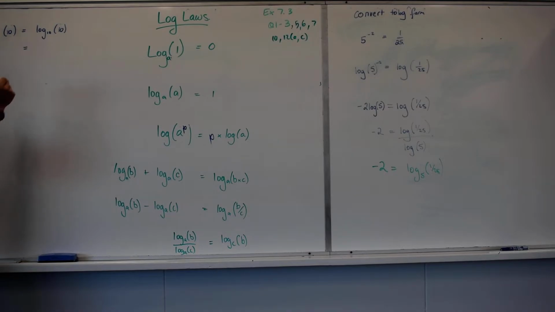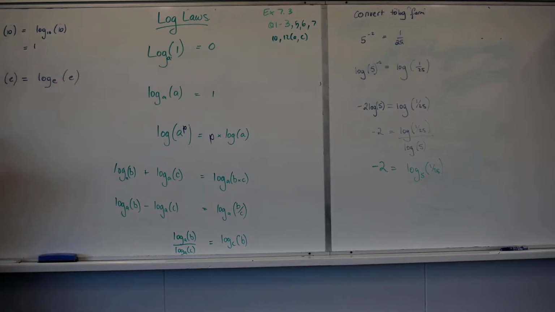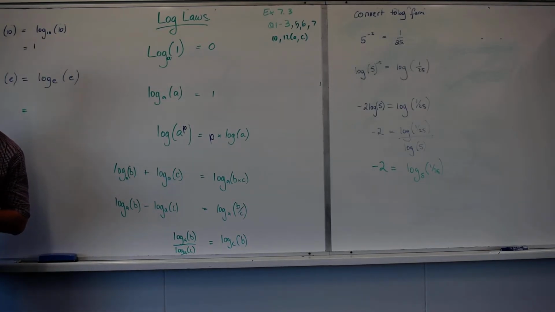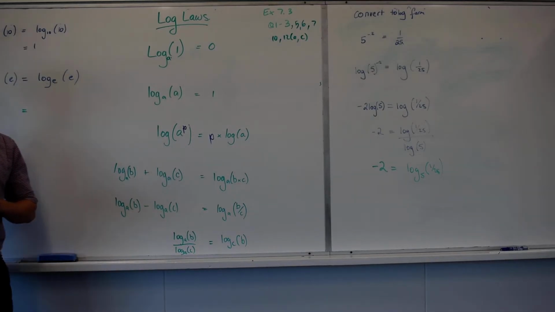The other one that we often see is ln, which is log base e. Make sure it works on your calculator. What's e equal to? 2 point something, like pi, so 2.718 whatever.